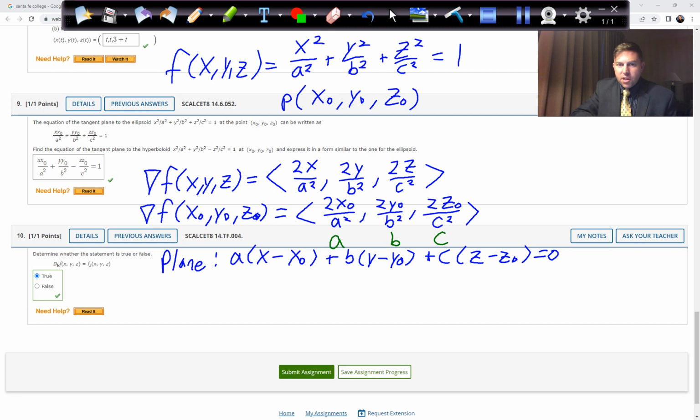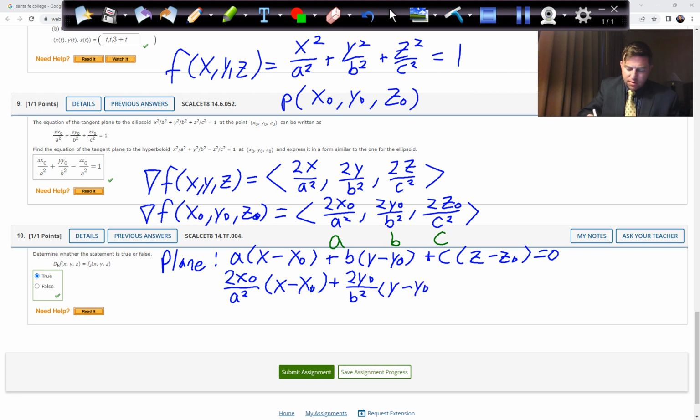But a, b, and c are going to come from these three terms up here. So this is going to be 2x0 over a squared times x minus x0 plus 2y0 over b squared, y minus y0, plus 2z0 over c squared times z minus z0. So all I did was replace a, b, and c with those three terms from our gradient vector.